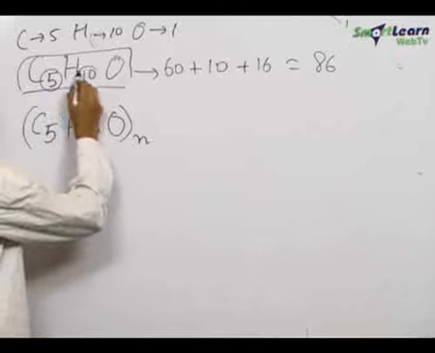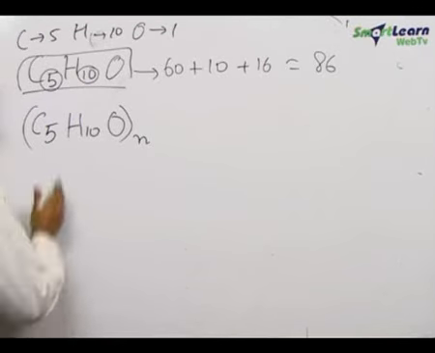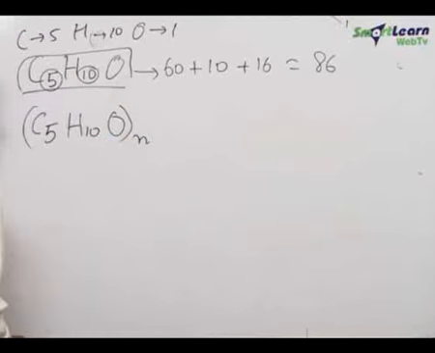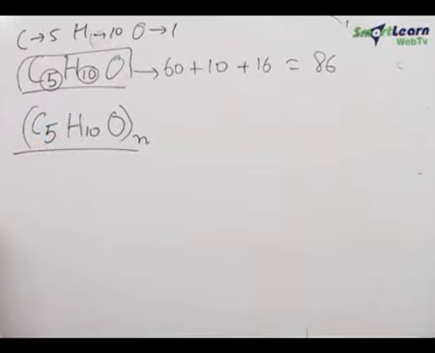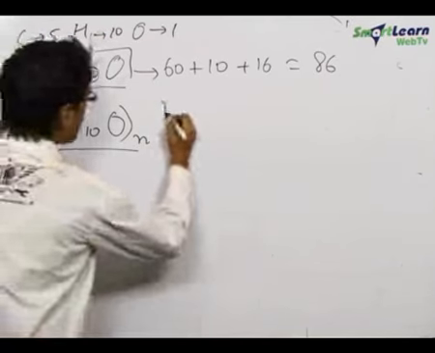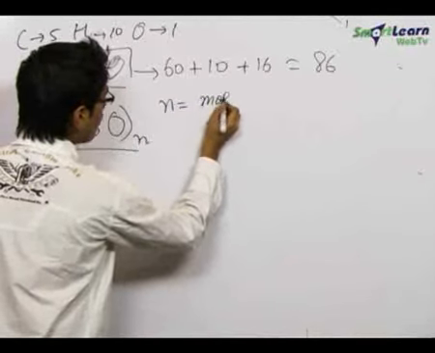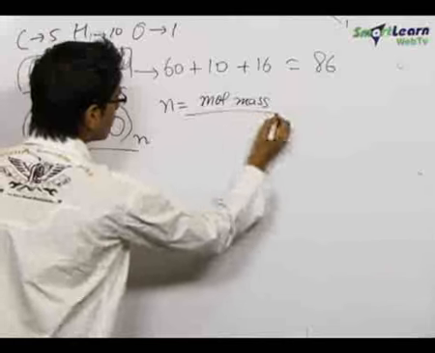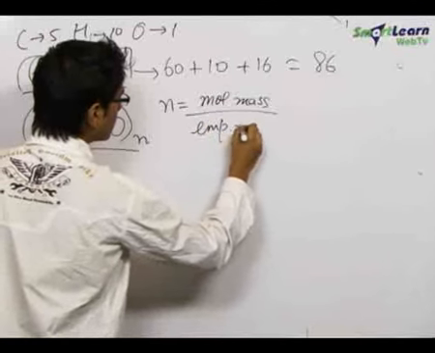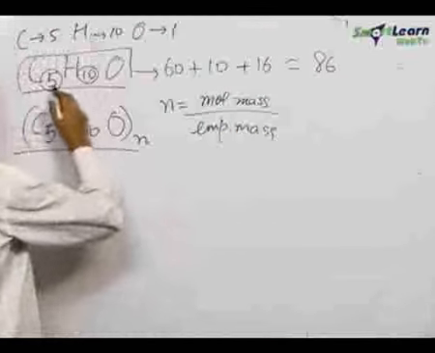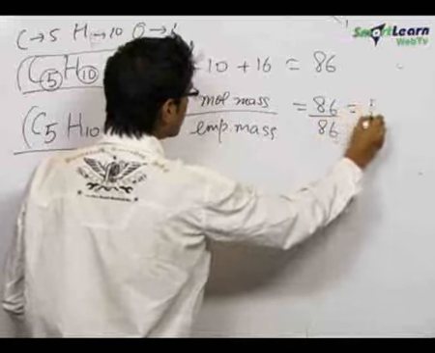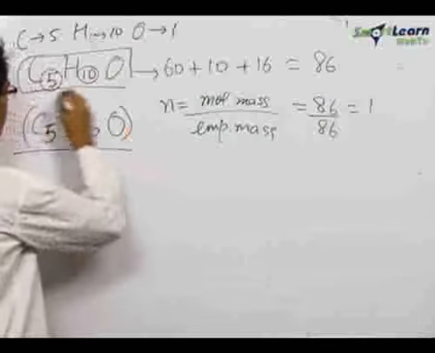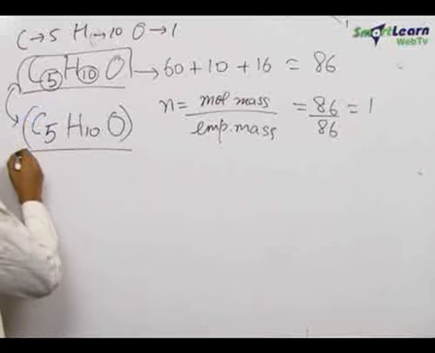Since these were the simplest ratios, 5n, 10n and n in this formula, (C5H10O)n, becomes the molecular formula, and n is obtained by molecular mass upon empirical mass. Our empirical mass comes out to be 86 and the molecular mass is also 86. So we have n equals 1. Hence the empirical formula is equal to the molecular formula.